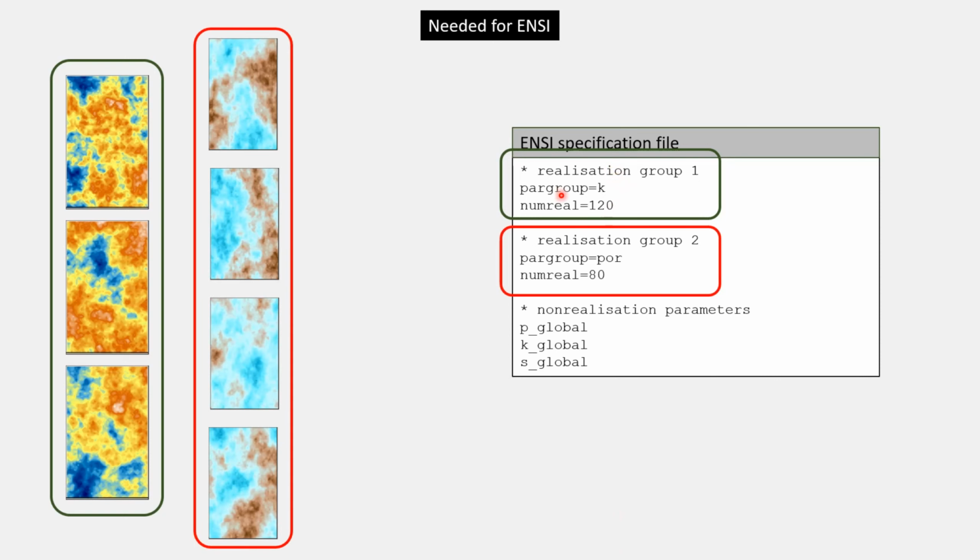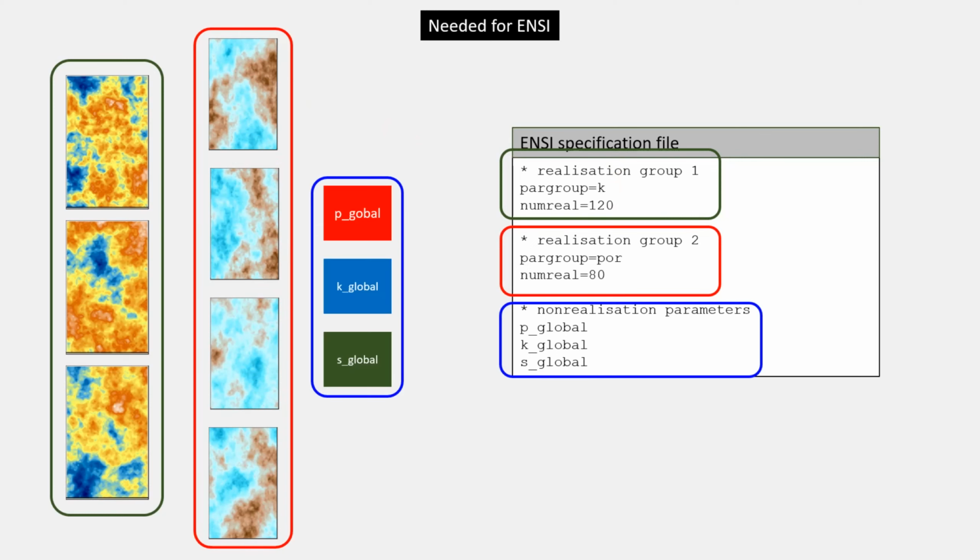Here we define what comprises realisation group 2 and the number of realisations that will be used in the ENSI inversion process. And finally, if we include individual non-realisation parameters, they are defined in this bottom section of the file. So setting up this file is particularly simple. It can be done with a text editor in a matter of moments.